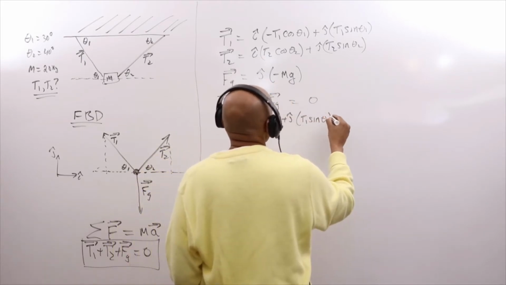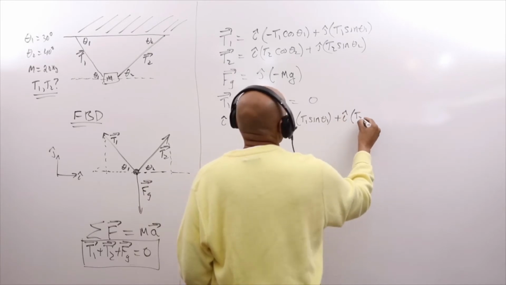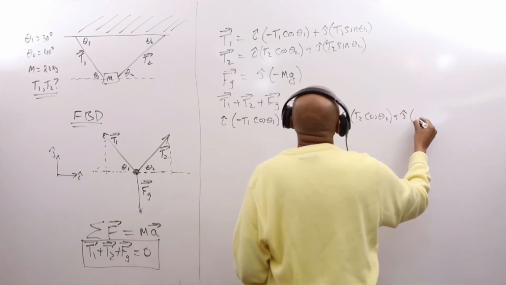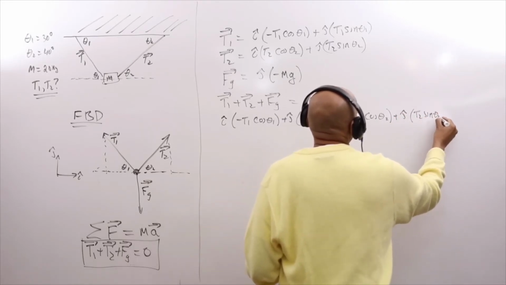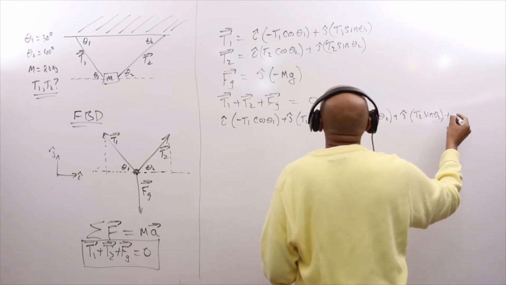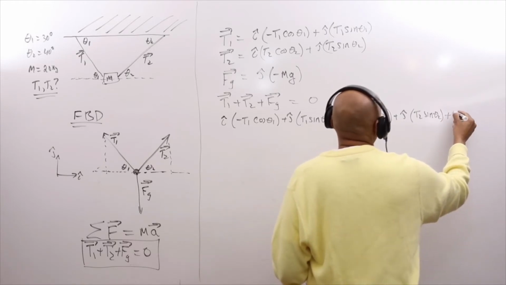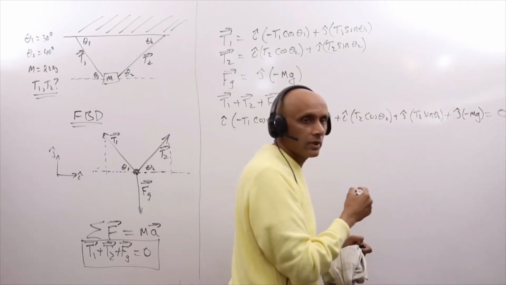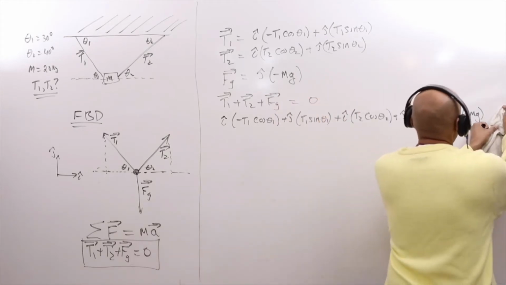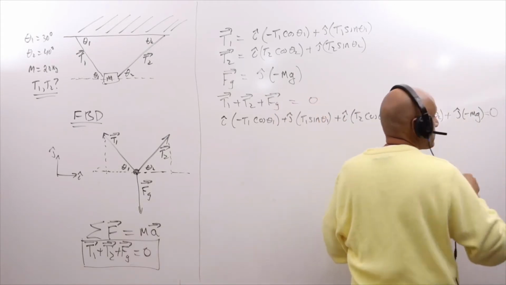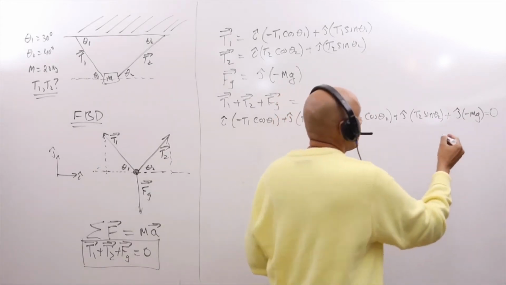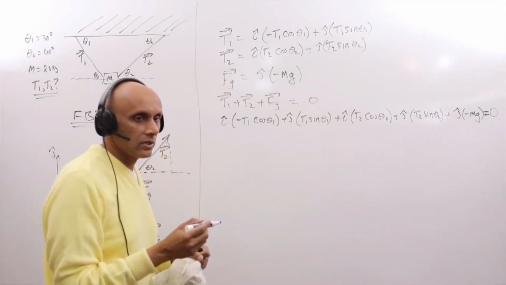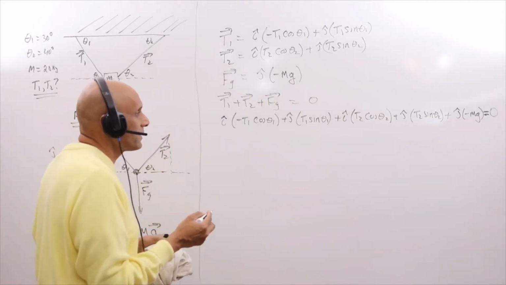Then T2 is i T2 cosine of theta 2 plus j T2 sine of theta 2, plus, and now we have the j vector, minus mg, and that's equal to 0. Hopefully the 0 didn't run out of board space there. Yeah, barely. I'm making these videos and I can see the monitors to make sure that everything is on the board. Okay, it's on the screen, so it's being recorded.